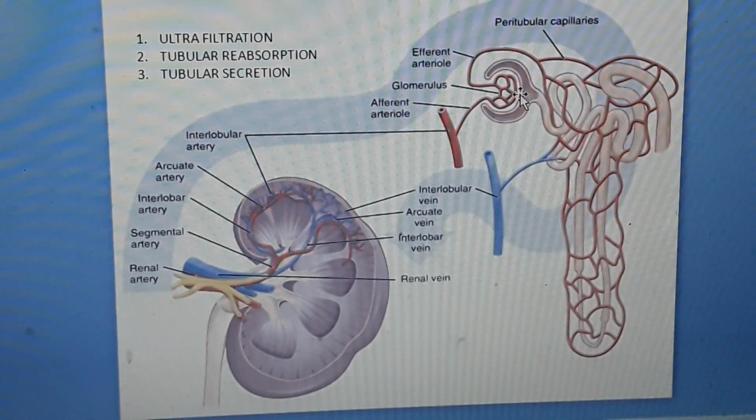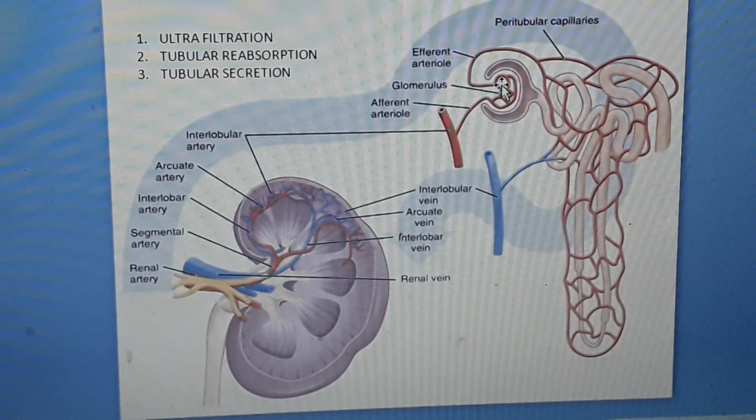Only the small molecules like glucose, amino acids, urea, uric acid, creatinine and salts pass through the membrane and are collected in this region, and the large molecules like proteins and blood cells such as RBC, WBC, platelets remain in the glomerulus and go through the efferent arteriole.